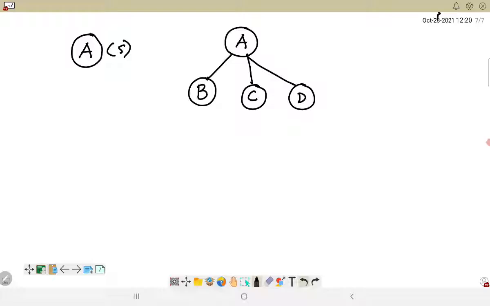Let's do it in a different way this time, because every time we are doing this. So B, C and D. B and C have an AND arc here. The estimated costs are 3, 4 and 5.